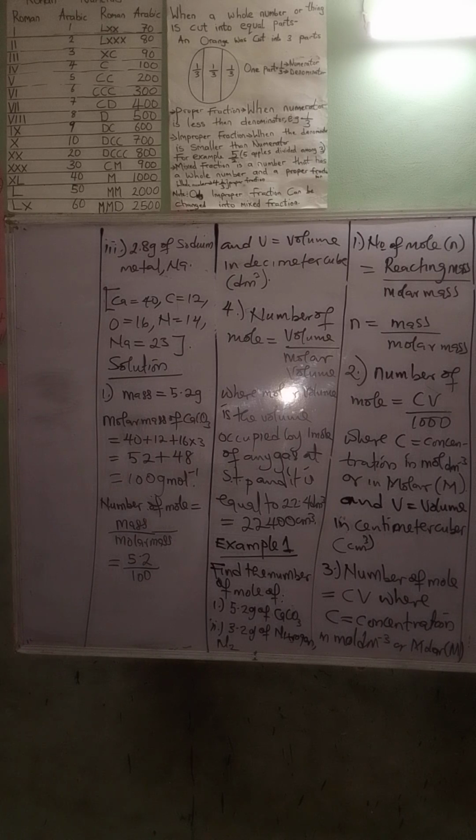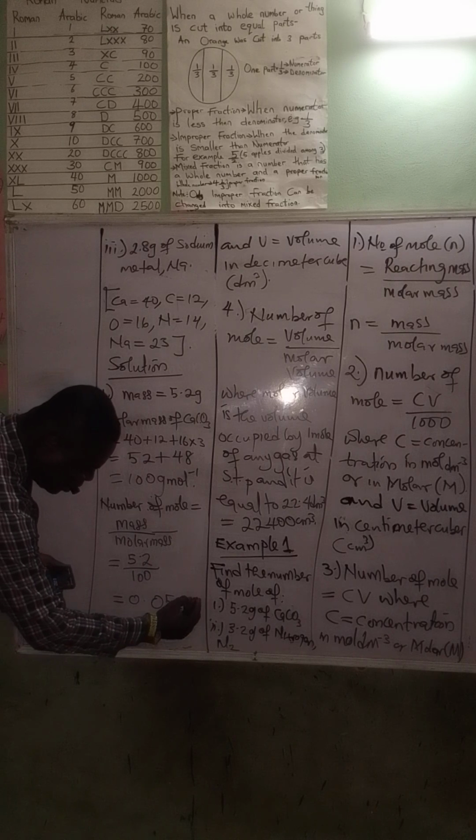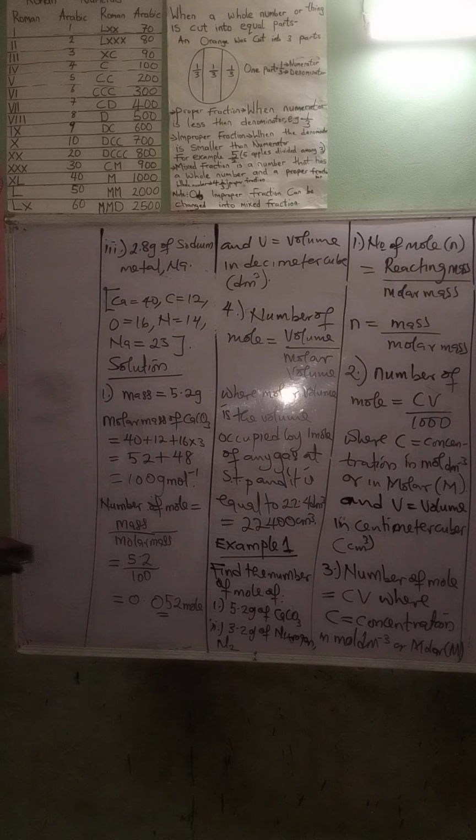So let's press the calculator. I have 5.2 over 100, I have 0.052. The unit is mole.